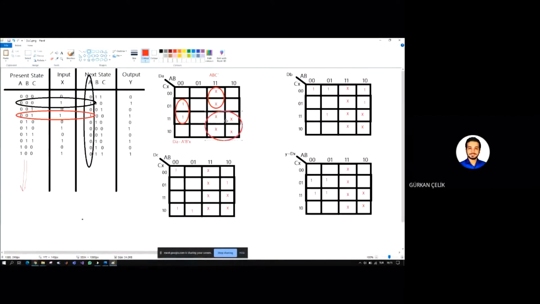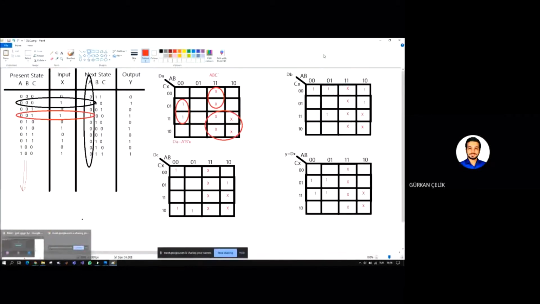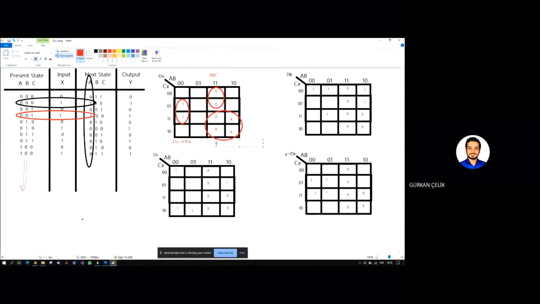What is this circled expression? No one is over here. What is this expression? A and B. Not B, because look, in the column, this is 1 1, this is 1 0, right?